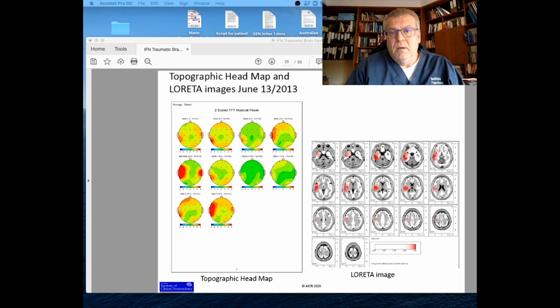So you saw the condition that he was in following those exercises on the first night. These are the topographic head maps and the Loreta images from him when he first started. Now you'll see the bright red areas mostly over his left ear, but in some cases over both ears.